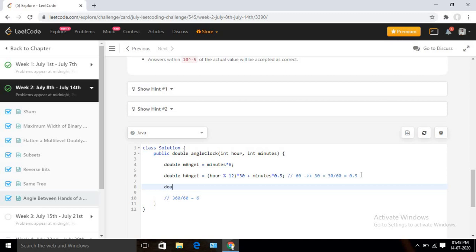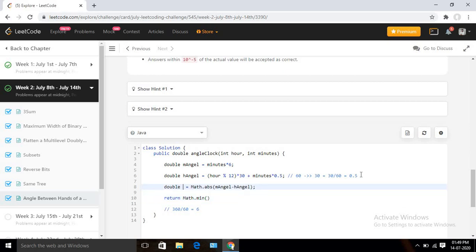Then I need to calculate the difference between them, so we need to take the absolute value here: mAngle minus hAngle, and whatever the value is.